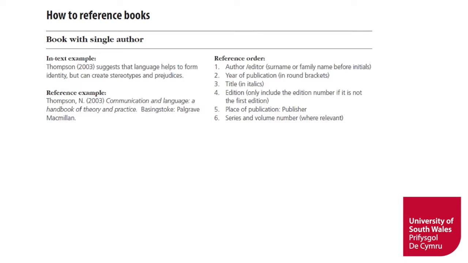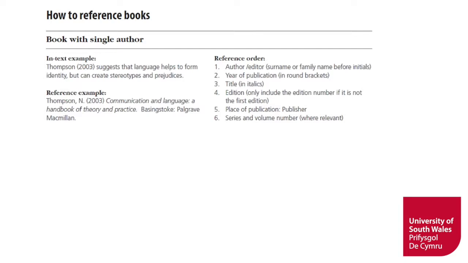It would be the author's surname followed by the year in brackets and then whatever they have said. And what you try to do is take what they have said and put it into your own words, but you still need to reference it, rather than do it verbatim and reference it word for word. So if you're referencing from a book, it's only the author's surname and the year of publication.